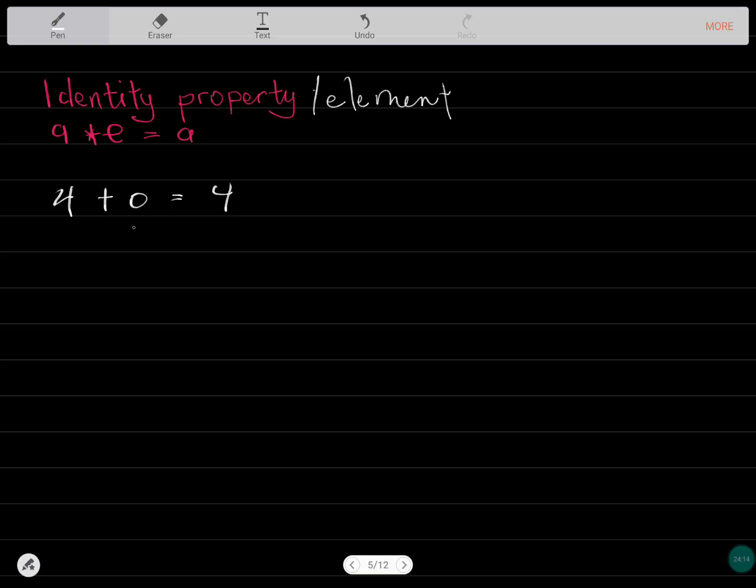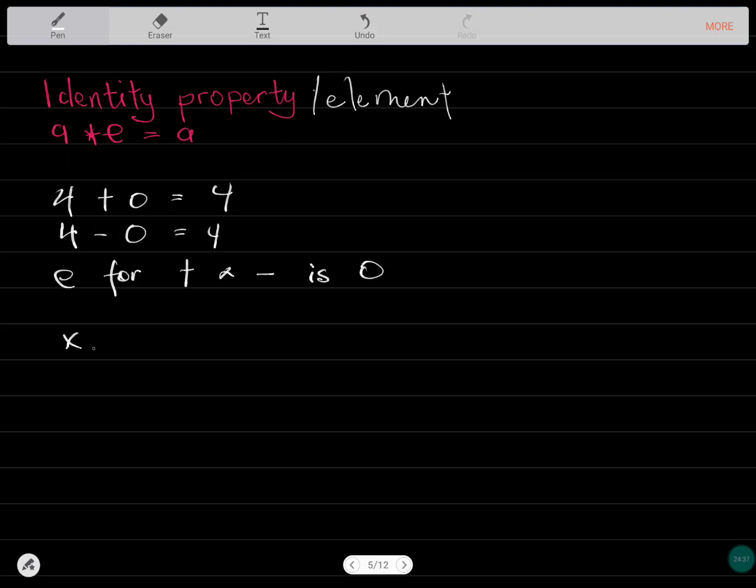So if I add 0 to 4, my answer will still be 4. If I subtract 0 from 4, my answer will still be 4. So the identity element, using E to represent identity element, for addition and subtraction is 0.